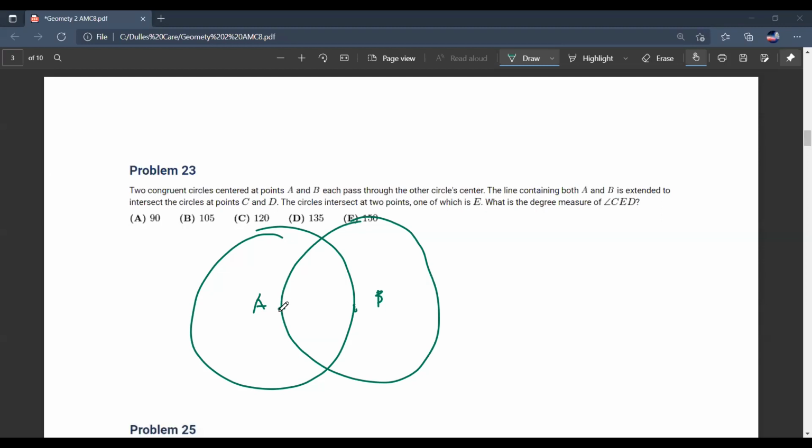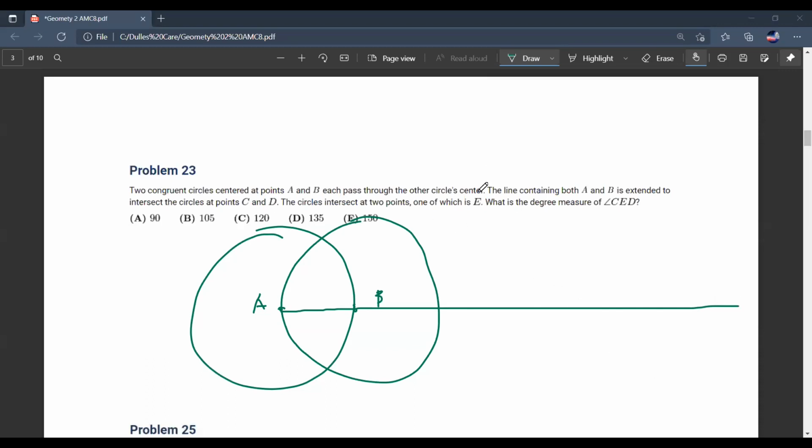So let me just extend this line. Where C and D, let me just circle them, and the circles intersect at 2 points.